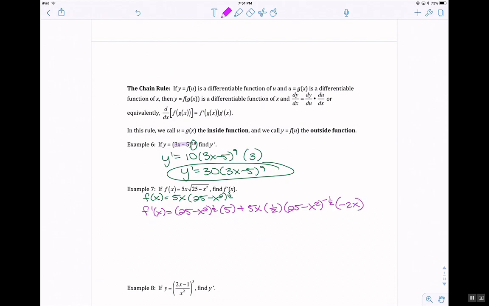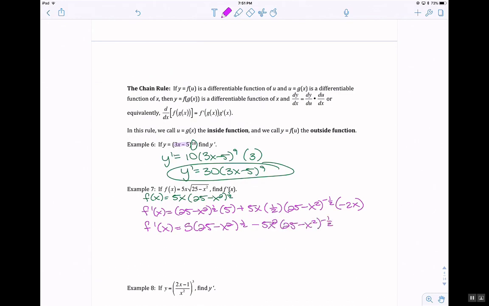So then my f prime of x is 5, 25 minus x squared to the 1/2, minus 5x squared, 25 minus x squared to the negative 1/2.